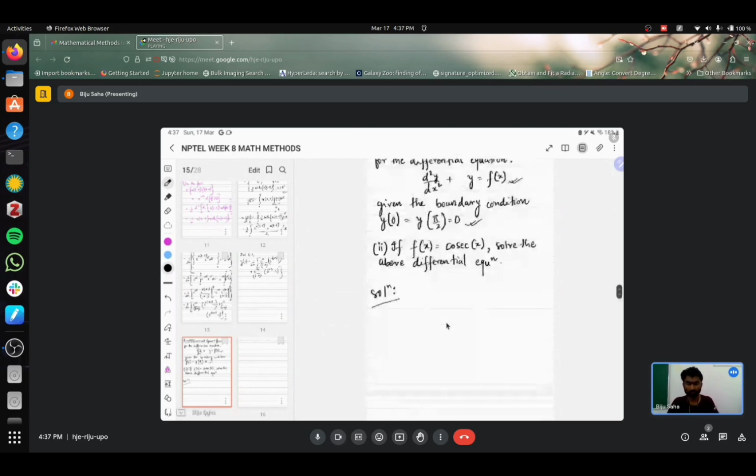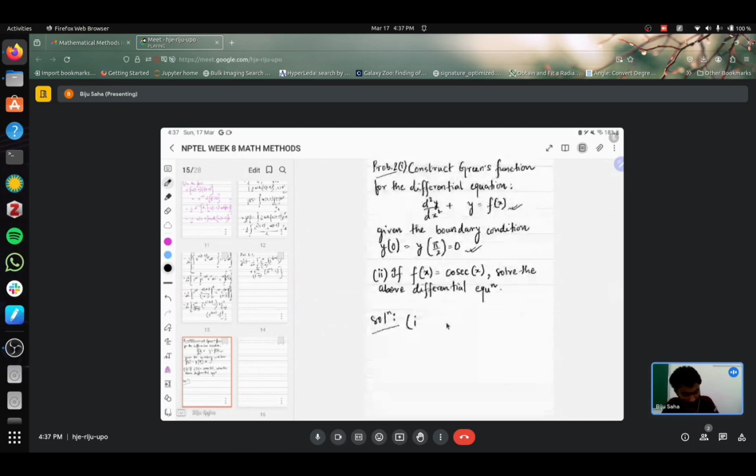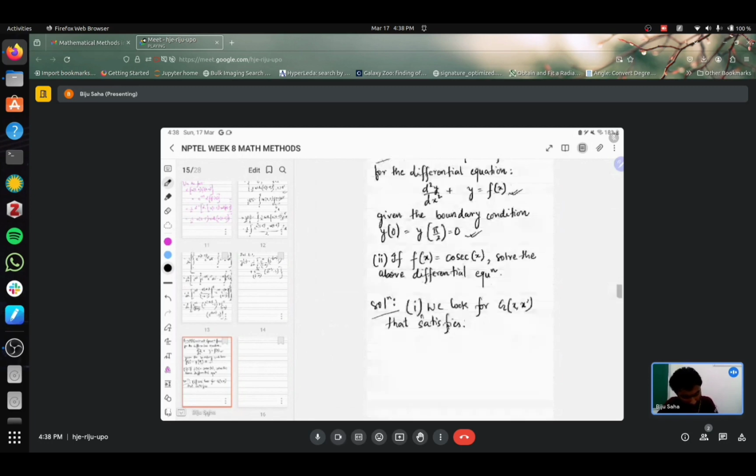First of all, let us derive the Green's function. When we say that we are looking for the Green's function, basically we look for functions that satisfy this particular equation.